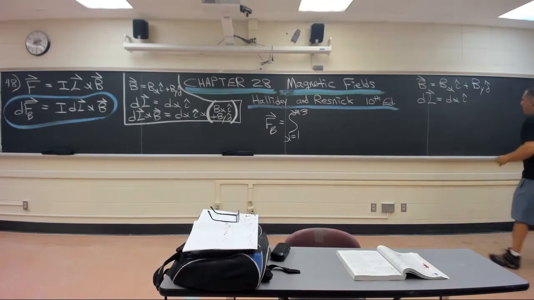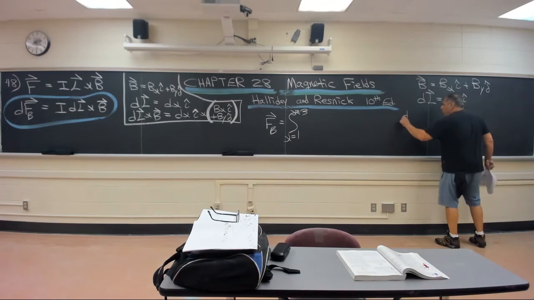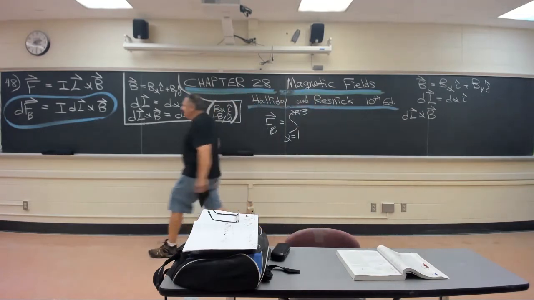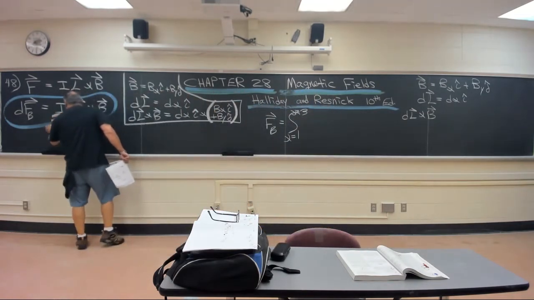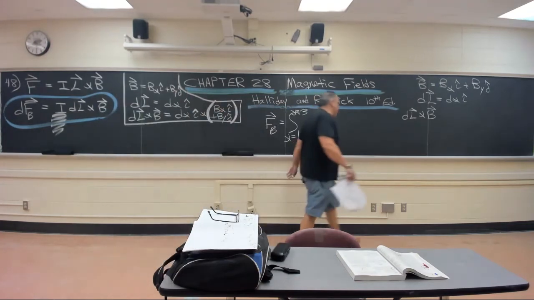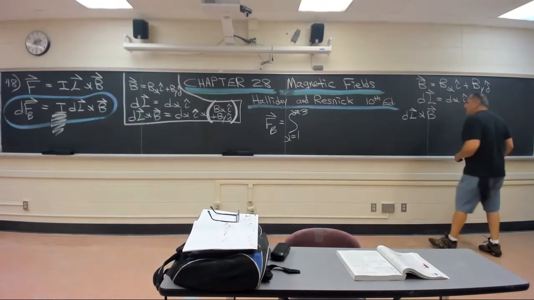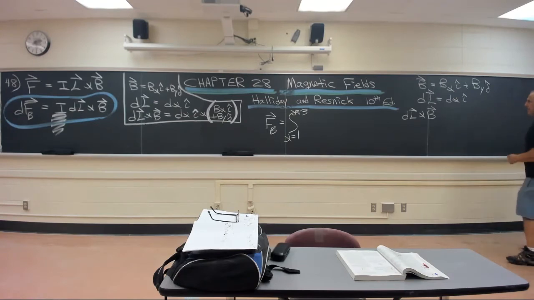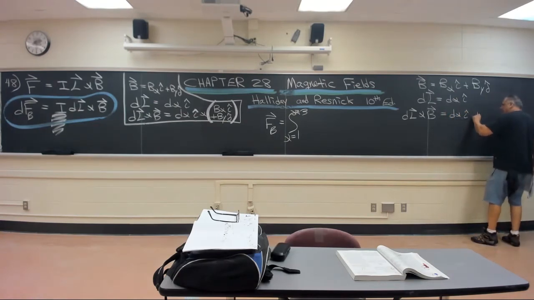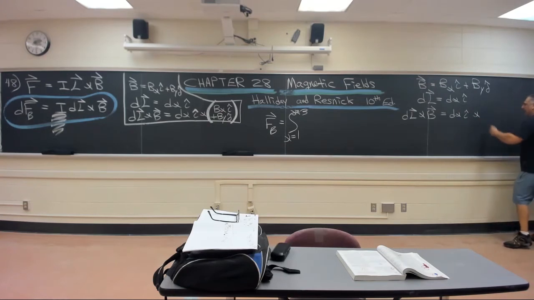If you were going to take dL vector cross B vector, we're not worried about the I, you guys. The I is a constant. Let's do the cross product; we already have the constant I right there. dL vector cross B vector is dx I hat cross, and there were only two components they gave us here, guys.